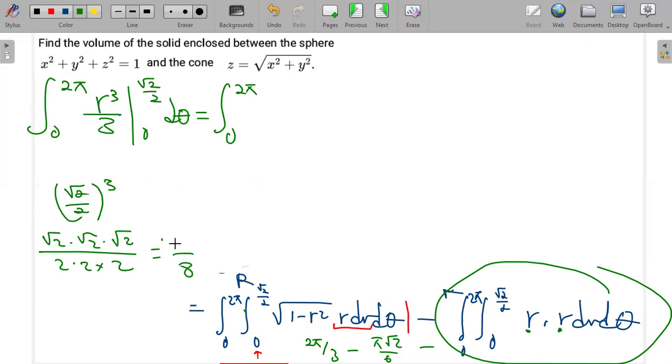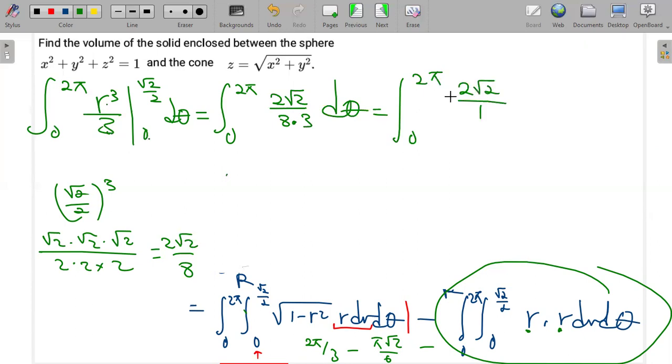Here on top, I get 2 root 2. So I'm going to put 2 root 2 over 8, and then multiplied by this 3 that was there already. So 3. Then if I put 0 there, it's just 0. So this will be d theta. So what I have is from 0 to 2 pi of 2 root 2 over 24 d theta.